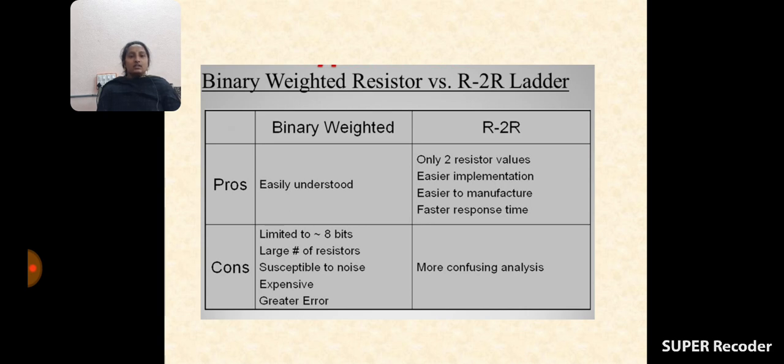But in construction, it is limited to 8 bits and a large number of resistors are required. It is susceptible to noise, meaning more noise is produced, and it is expensive, the cost is very high, and great errors will be produced.